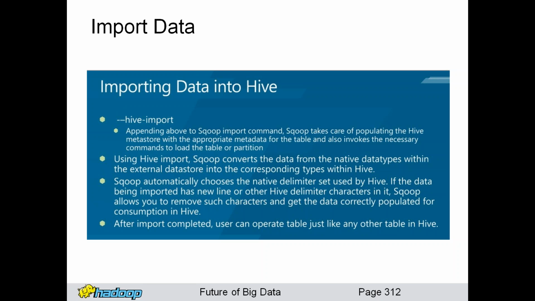Whatever data format needs to be imported to Hive, we can define it, or by default it will choose a native delimiter like a comma delimiter or a new line delimiter. Sqoop also allows you to remove such characters so the data is correctly populated for consumption in Hive. Sometimes you don't want to use this delimiter, so you can also remove such characters from the data to correctly populate your Hive tables.